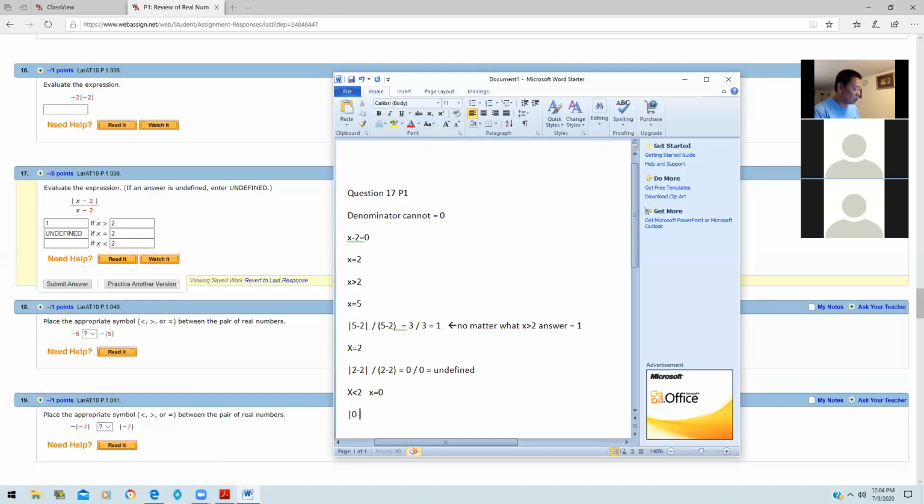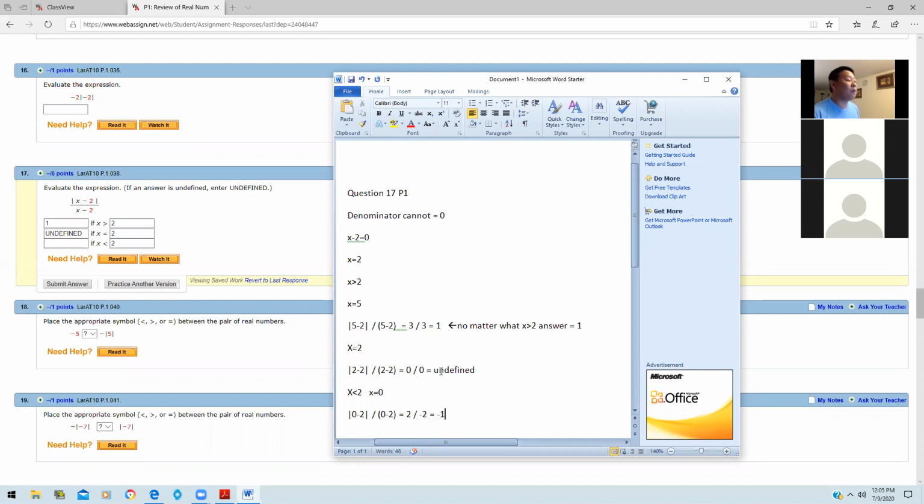Absolute value of 0 minus 2 over 0 minus 2 in your denominator. 0 minus 2 is negative 2, and the absolute value of negative 2 is 2. But your denominator, 0 minus 2, is negative 2, and 2 over negative 2 is negative 1.